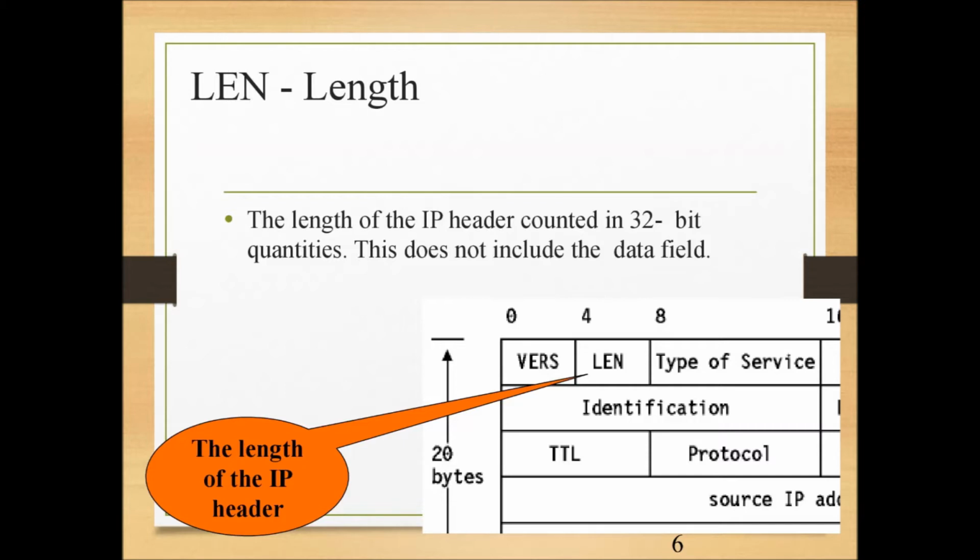Next field is length. The length of the IP header counted in 32-bit quantities. This does not include the data field. So this portion will contain the length, and the total length of IP is 32-bit.